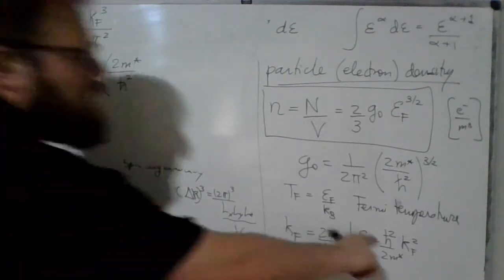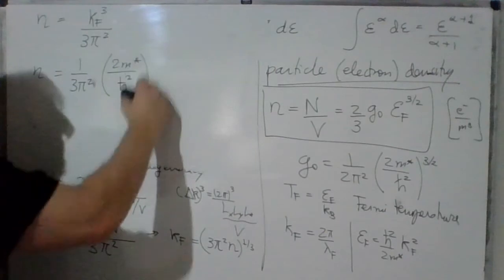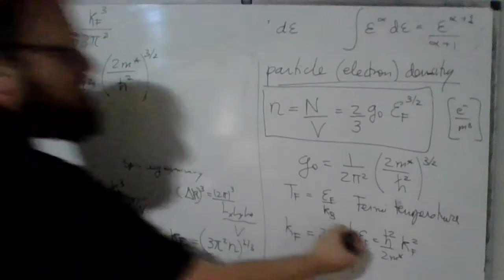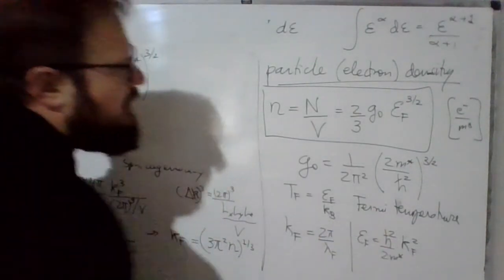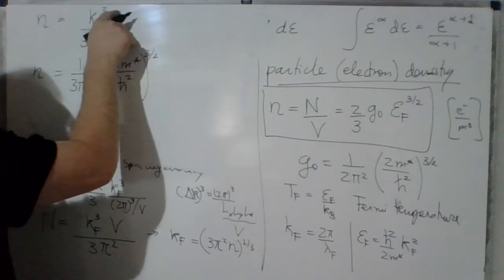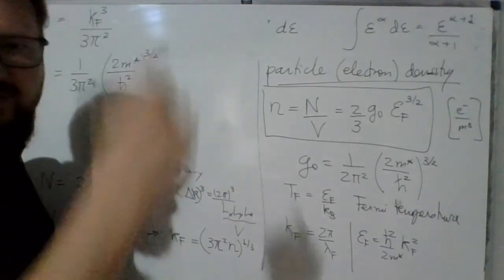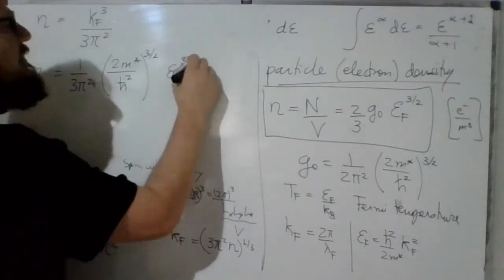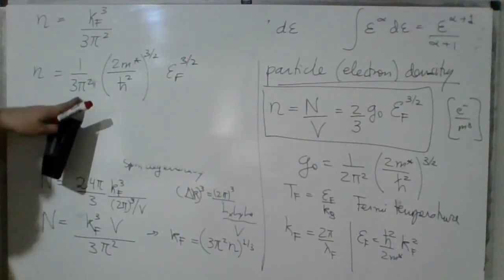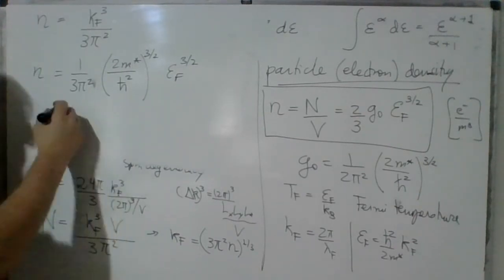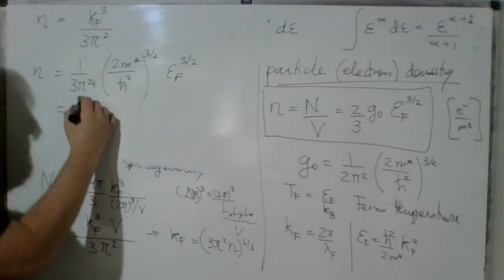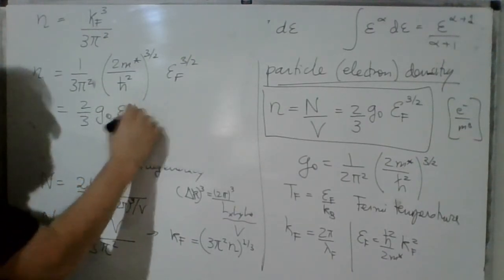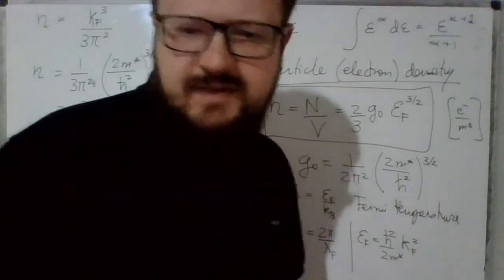We will have the square root of that factor, but we need to cube that, so it's elevated to 3/2. And the energy, which for the K of Fermi is a square root also, we need to elevate to a power of 3, so we have 3/2 here. But notice that this factor here is 2/3 of G0. Okay? So that's all right.